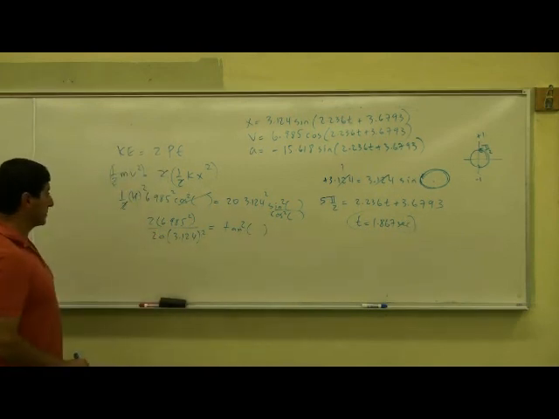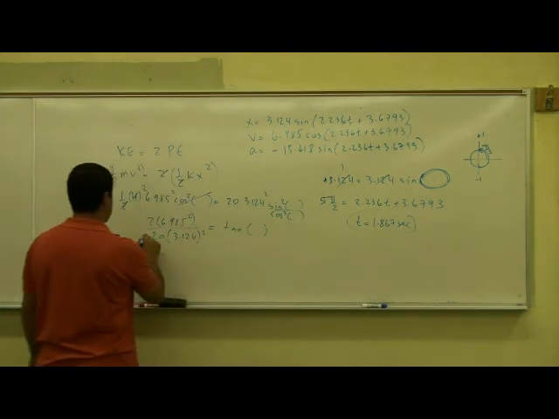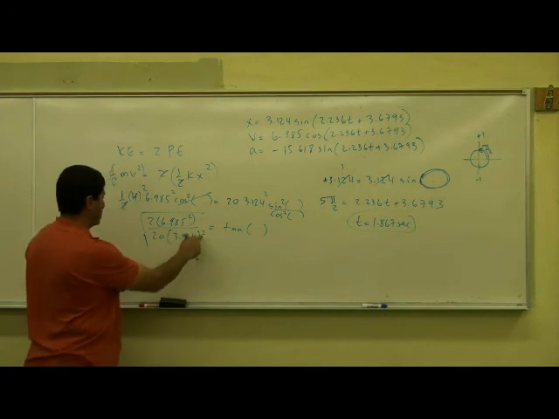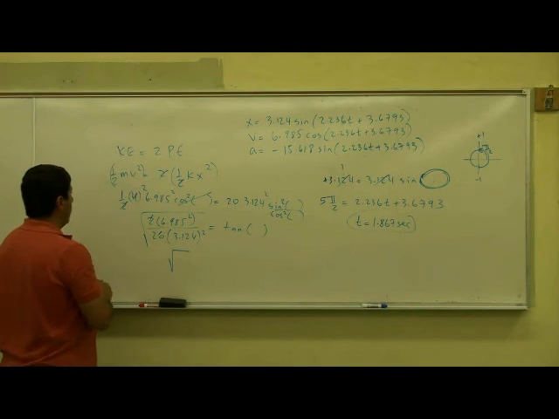Okay? And then I'm going to take the square root of that. That means I don't even need to square this in the first place, right? So I could just have square root of 2 cancels the 20.